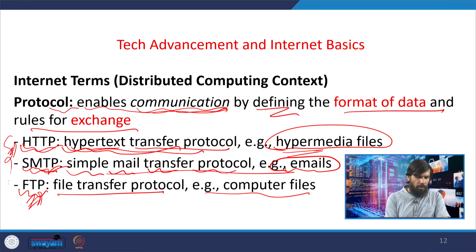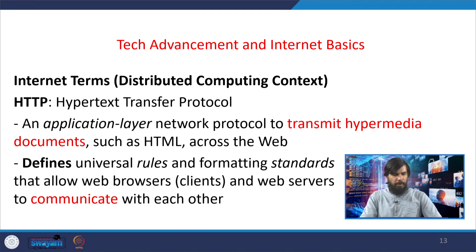So HTTP is for hypermedia files, SMTP for emails, and FTP for computer files. These are the different protocols used on the internet for different kinds of services. Now we will discuss them one by one. So let us start with HTTP, the hypertext transfer protocol.